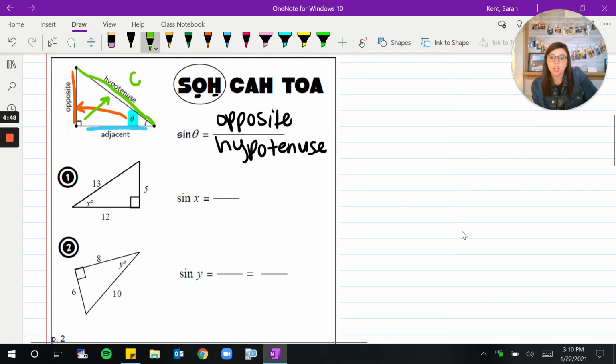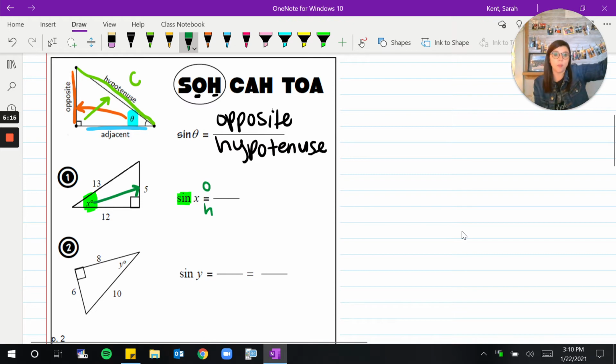So if we look at number one, our first example, the first thing we need to find is our angle. So here it's got x, and it asks us for sine. So that tells us that we want our opposite over the hypotenuse. So our opposite, if I go from x, I want to go across.